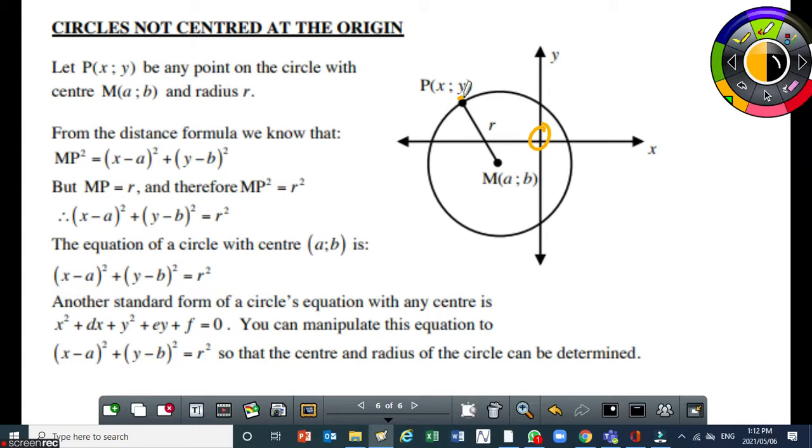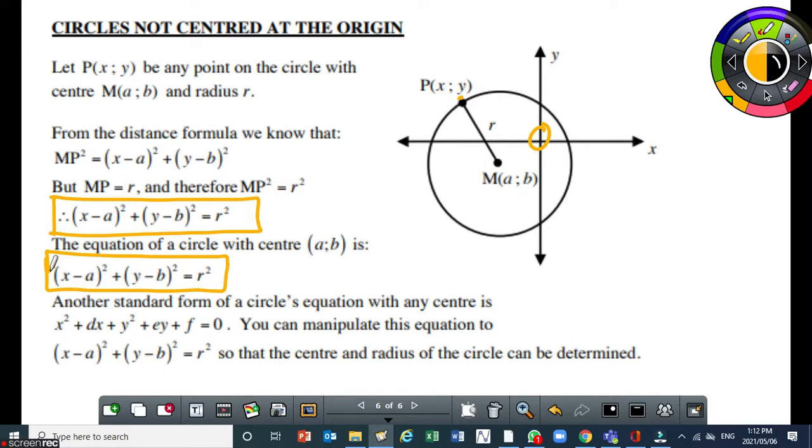So eventually the equation can be written as x minus A all squared plus y minus B all squared equal to r squared. This is the general way of writing the equation of a circle with the center not at the origin. You start with the terms in x and y on the left hand side, then the radius must be on its own on the right hand side.